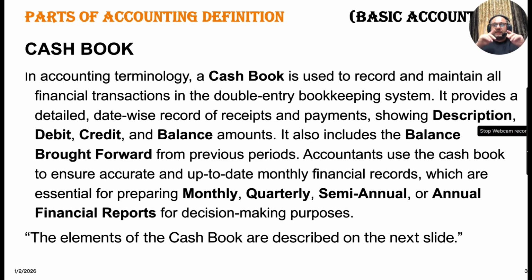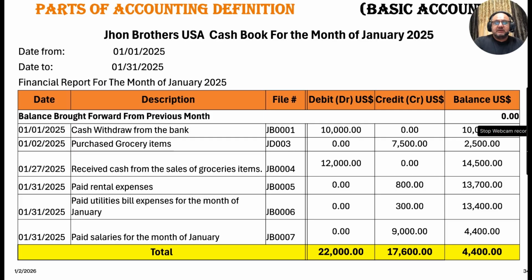And at the end of each month, whatever cash remains in your hand, in your safe, in your bank, in your wallet, in your digital wallet, anywhere you have cash, you should write it down at the end. This is the balance amount at the end of each month.